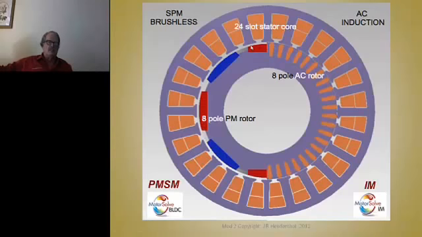And the first thing you notice is the air gap in the permanent magnet machine is much bigger than the induction. It has to be, because we don't want to waste a lot of magnetomotive force or ampere turns magnetizing this circuit across a big air gap. In the case of the PM machine, the circuit is magnetized not by the inverter as it is in the induction machine.